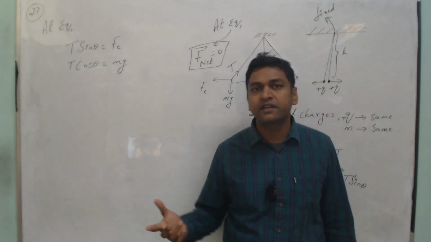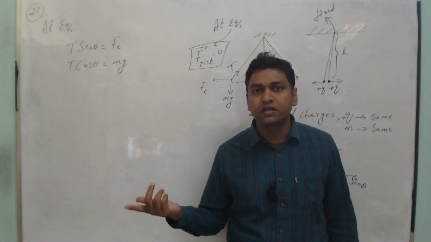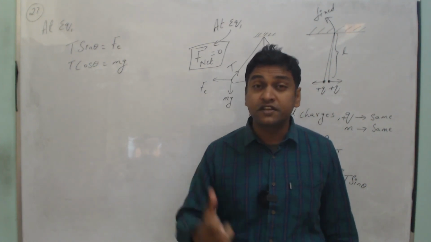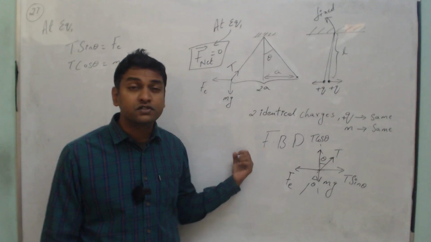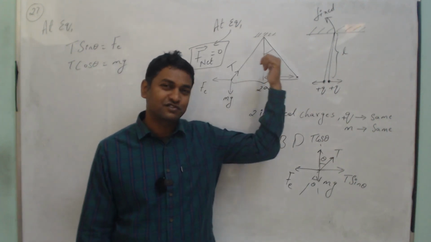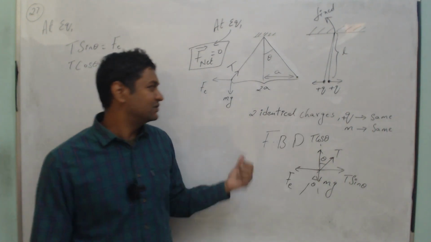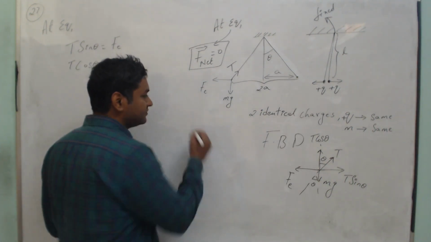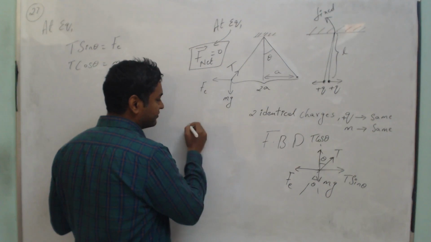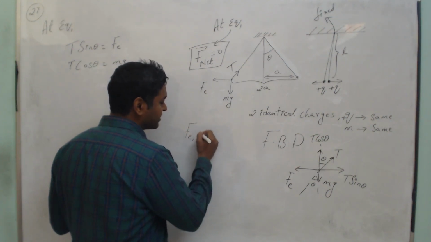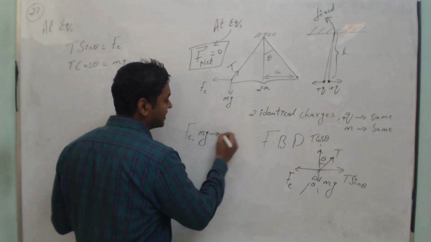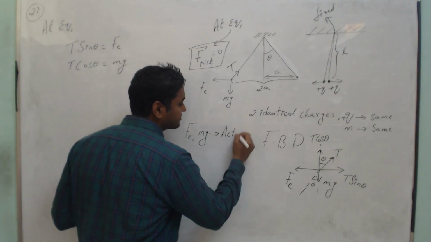They are generated naturally. The only force which is generated due to these two forces is my tension force. Yes, sir. So here my electrostatic force and gravitational force act as action forces.